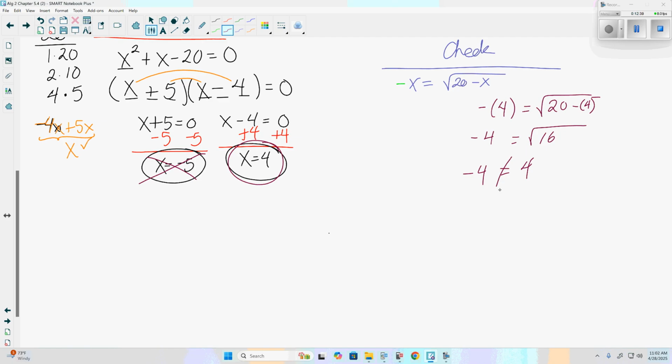Now the positive case doesn't work. Let's see what the negative case would be. Well, that'd be negative 5 is equal to the square root of 20 minus negative 5. Here, the negative is going to make it positive. 20 minus negative 5 is the same as 20 plus 5, which would be the square root of 25, which is 5.